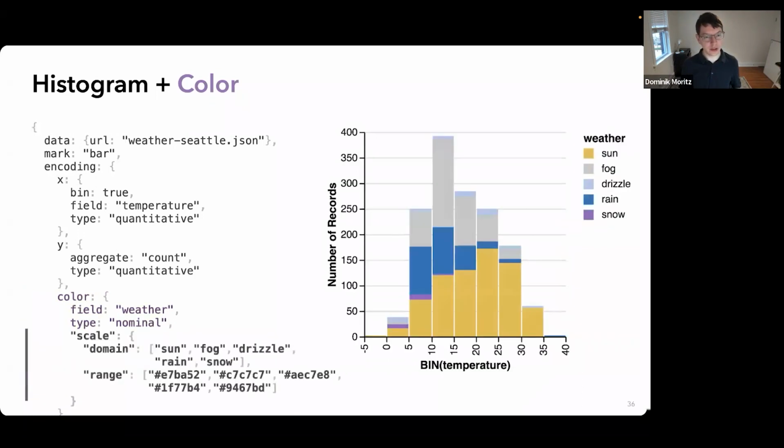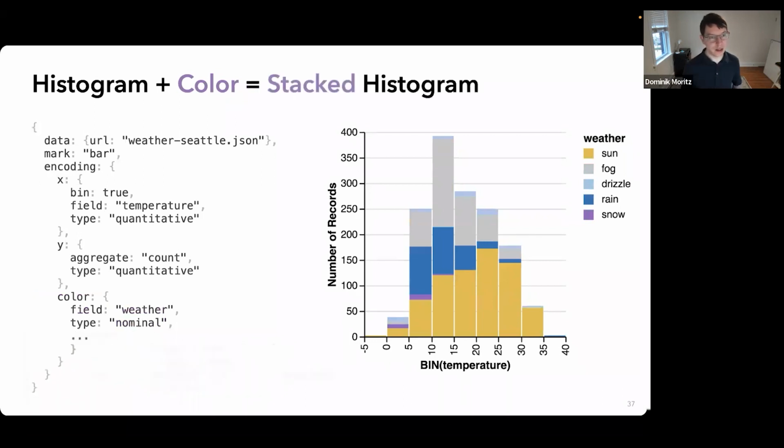And again, there are defaults that are automatically created, in this case for the colors, but we can override them to create colors that are maybe more resonant with how we think of these different types of weather. And so that's again how we override the defaults. And what we have here is now a histogram with color, which creates the stacked histogram. And there's again a lot of sensible defaults that go into this.